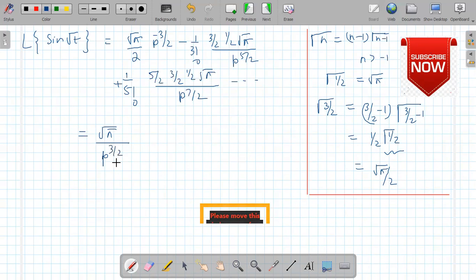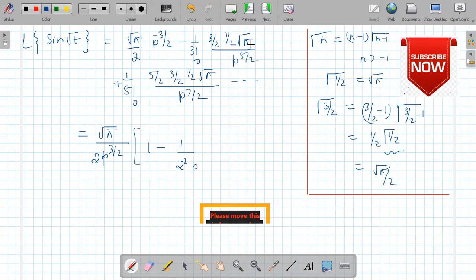P raised power 3 by 2 is common. We can also take 2 common. So what is left in the bracket is 1 minus 1 upon 2, 1 upon 2 square into p.